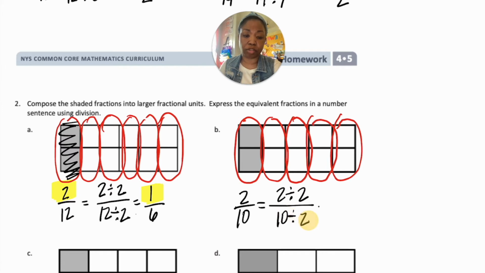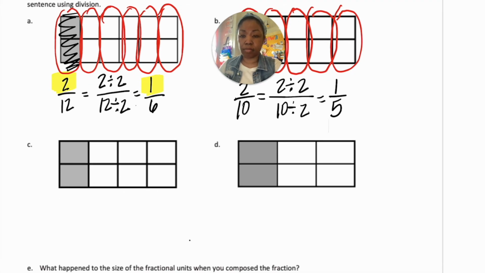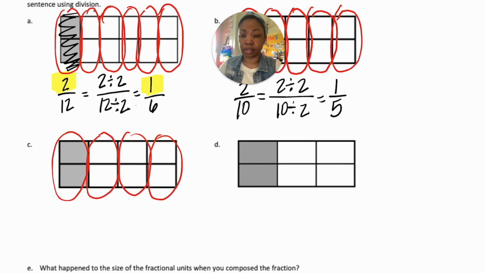What you do to the top, you do to the bottom. What you do to the numerator, you do to the denominator. So 2/10 is equal to 1/5. For C, I'm going to compose groups of 2 again. I have 2 shaded out of 2, 4, 6.